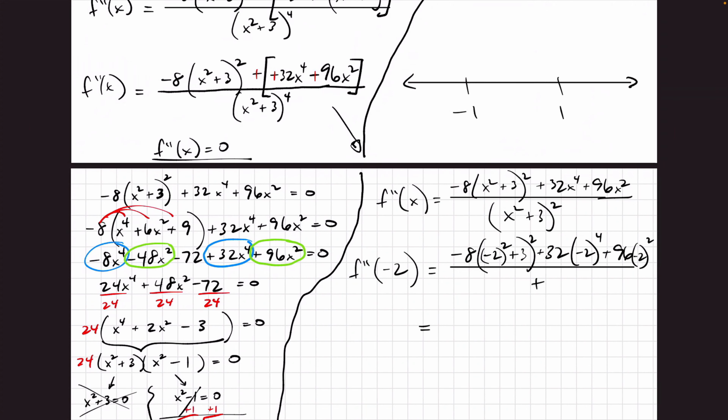They're all going to be positive, because all the powers are squared, 32 squared, times 4. So it's all going to be positive, but there's just that -8 in front that we have to deal with. So we have to figure out, is this part bigger or is this part bigger?